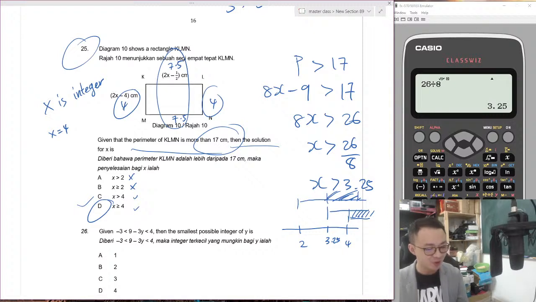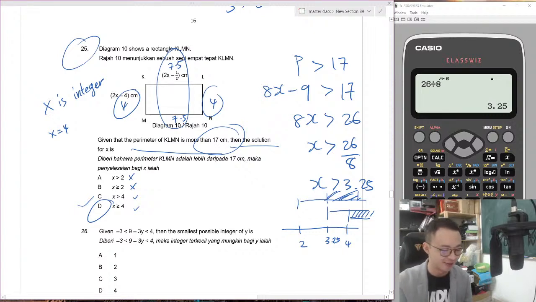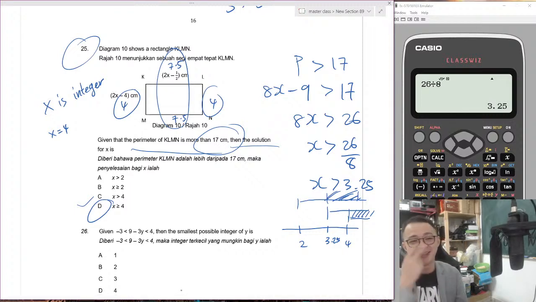Yeah, I'm not sure why they cannot let us equals to. You have to choose the best answer, right? So the best answer should be D. But the marking scheme actually says it's a C. So you decide, it's either C or D, because A and B is definitely wrong.